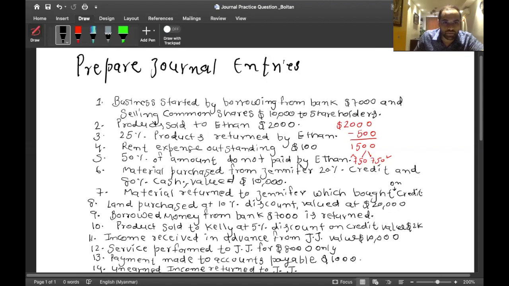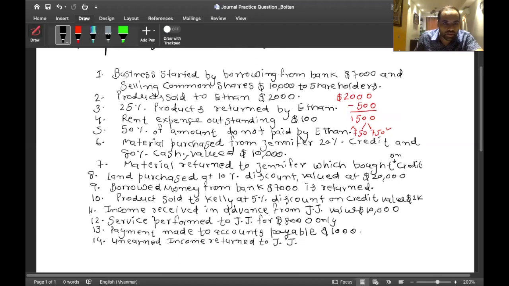Number 8, land purchased at 10% discount, value 20,000. Number 9, borrowed money from bank 7,000 is returned. Number 10, product sold to Kelly at 5% discount on credit, value 2,000.